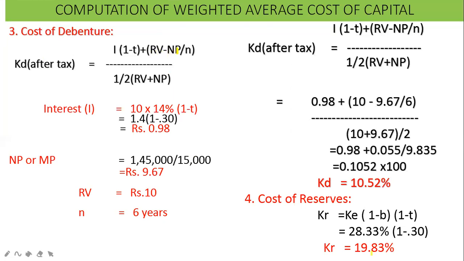NP is the net proceeds. Instead of net proceeds, we are taking the market price because we are taking the market value as the base. N is the number of years after which these debentures were redeemed.